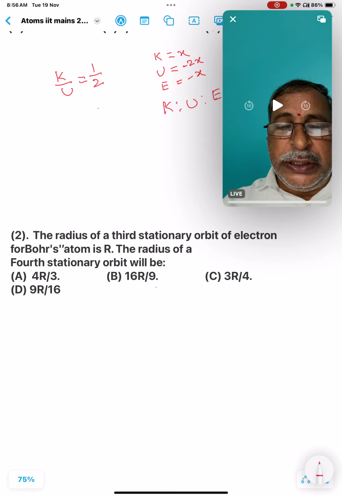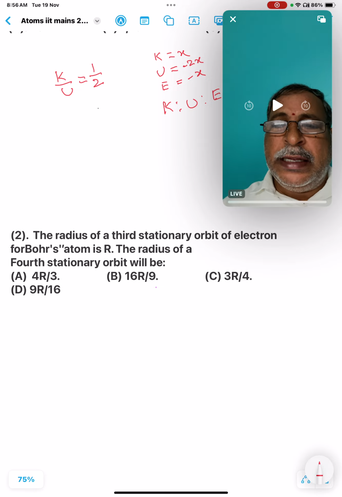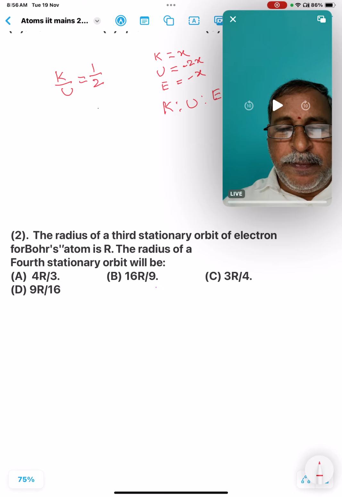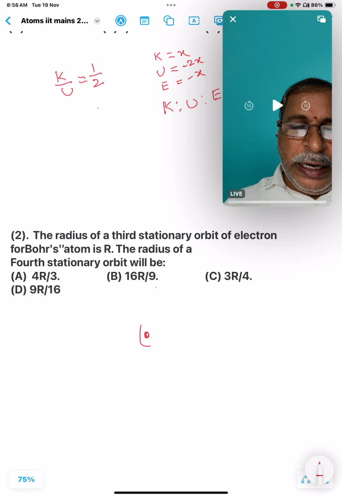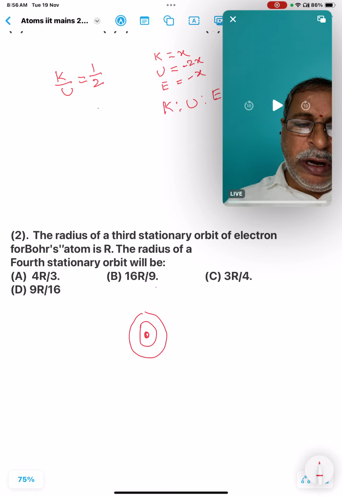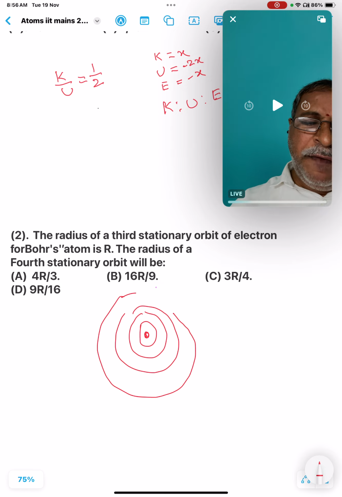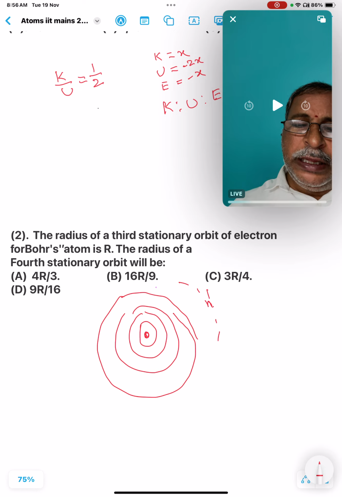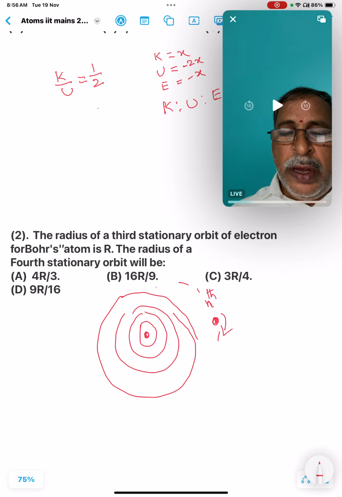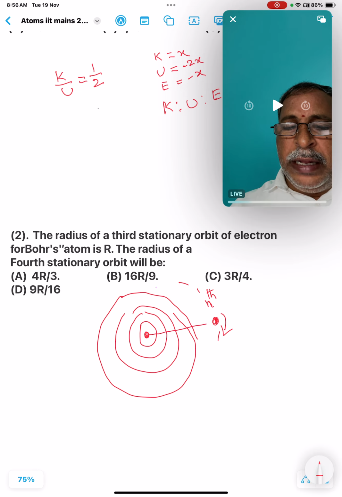You should recognize the formula for radius. If an electron revolves in the first orbit, second orbit, third orbit, fourth orbit, or in the nth orbit, what is the radius of the nth orbit?